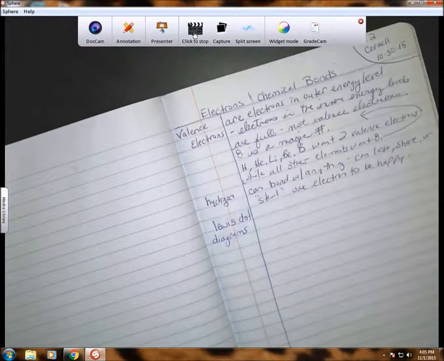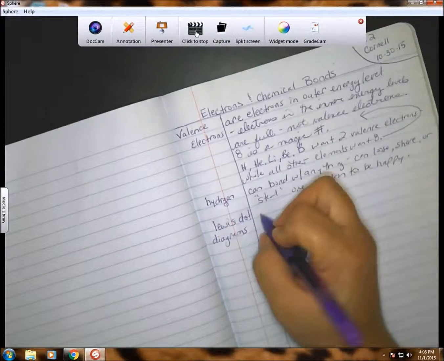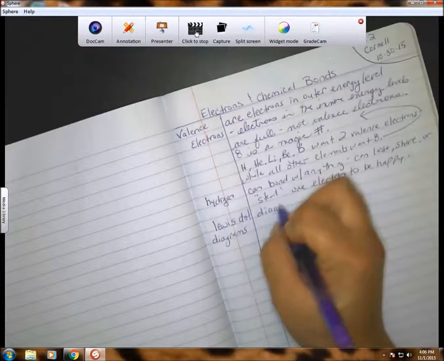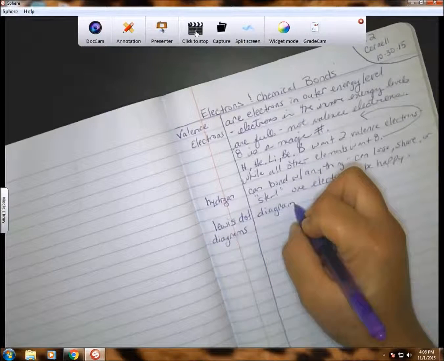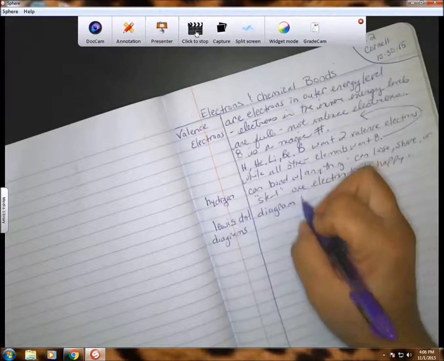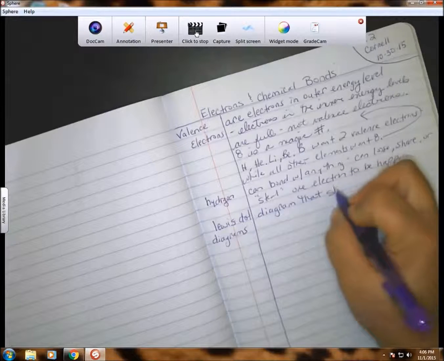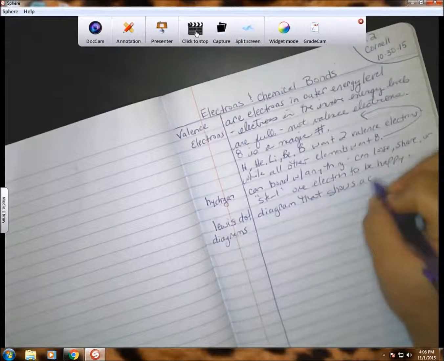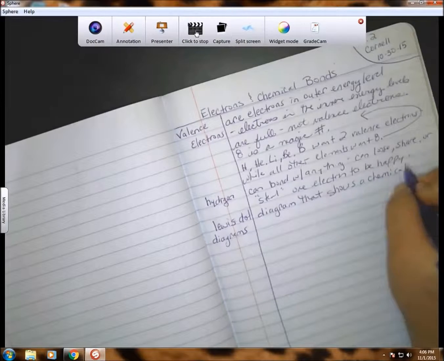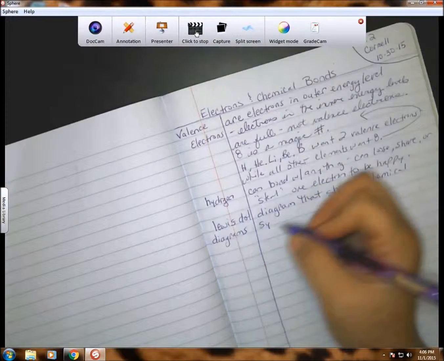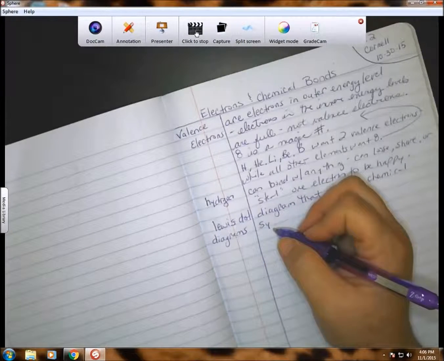All right, what did we learn about what a Lewis dot diagram is? Well, I think the basis of what it's telling us is that it's a diagram that shows a chemical symbol, being the C for carbon, the Cl for chlorine.